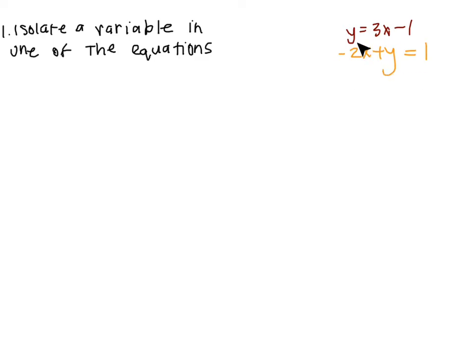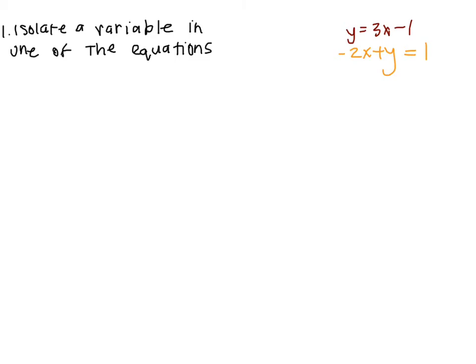If you look at this first one, you'll see that it starts out with just y. The variable y has already been isolated. You only need the variable to be isolated in one of the equations, and it doesn't matter if you choose to isolate x or y. Since the first step is done, let's move on to the second step.